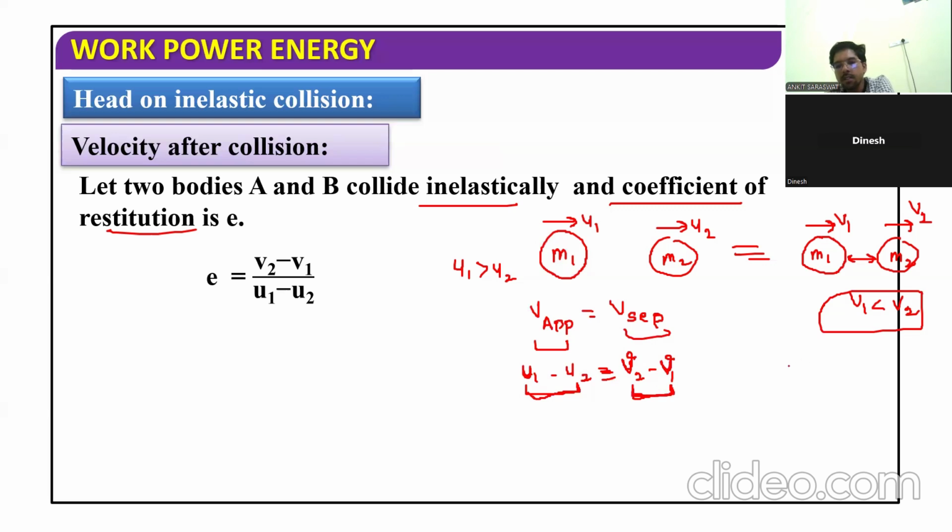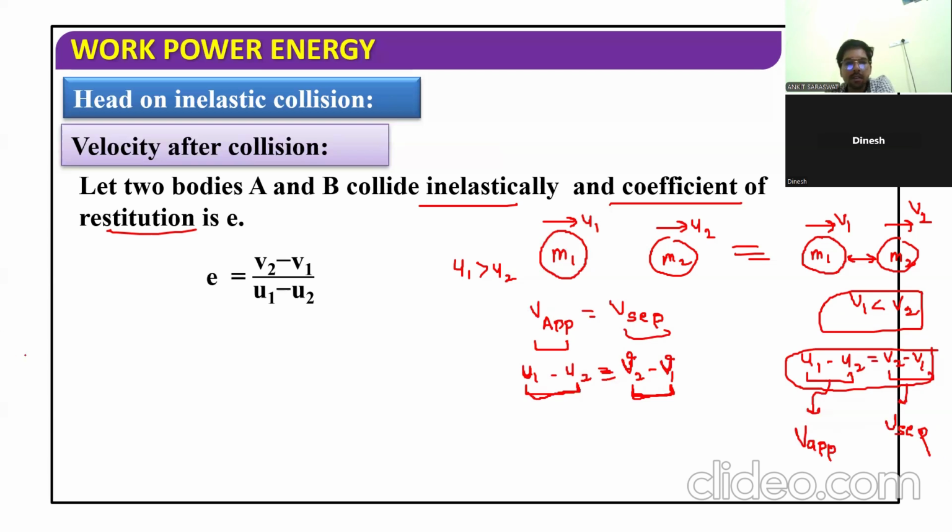This is the concept because we derived this formula: U1 minus U2 equals V2 minus V1 in elastic collision. This is the relative velocity of approach, and this is the relative velocity of separation.